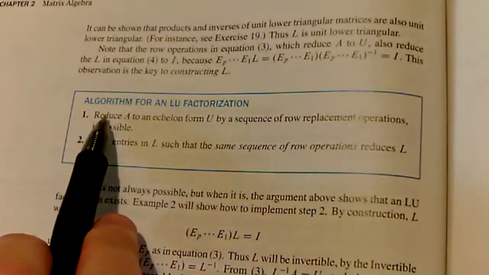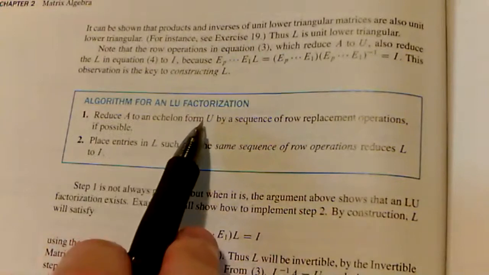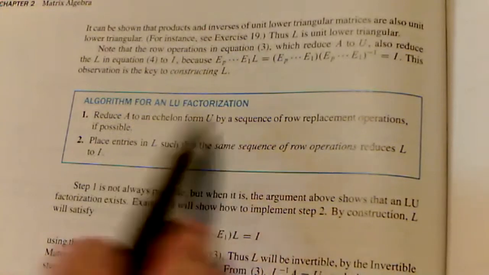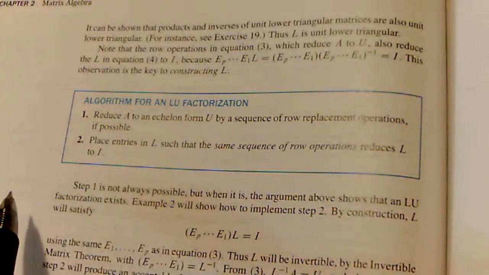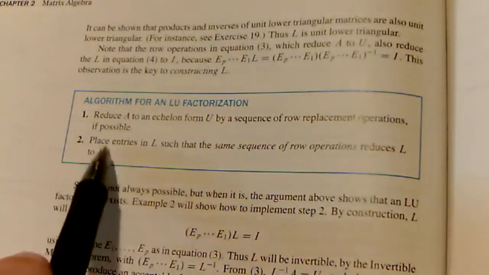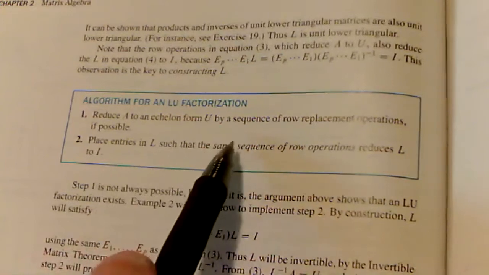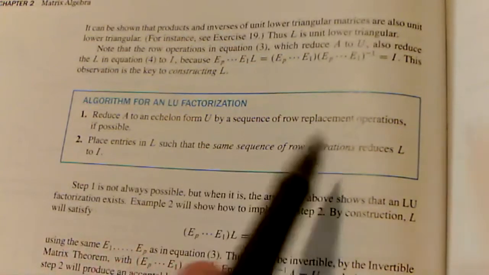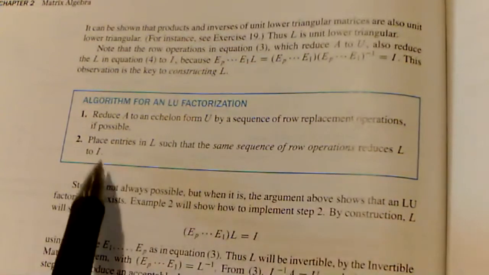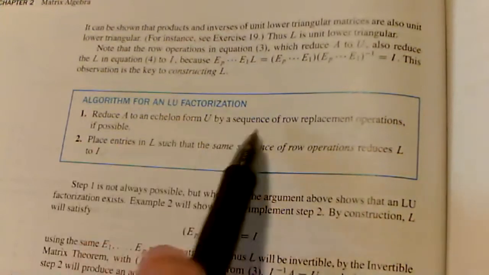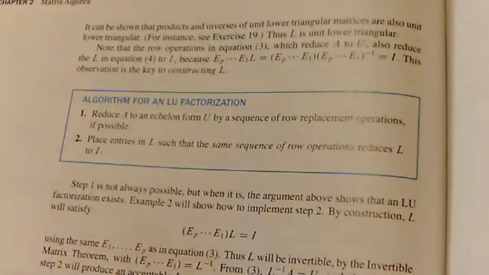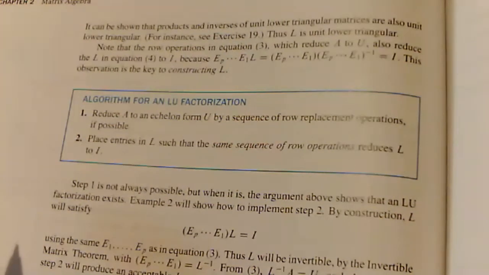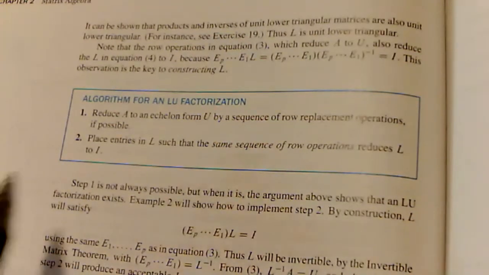So we're going to reduce A to an echelon form U. We do row operations to find U. Then we place the entries in L such that the same sequence of row operations reduces L to I. So we're finding U using row operations just like we've always done, going back all the way to the distant memory of chapter 1.